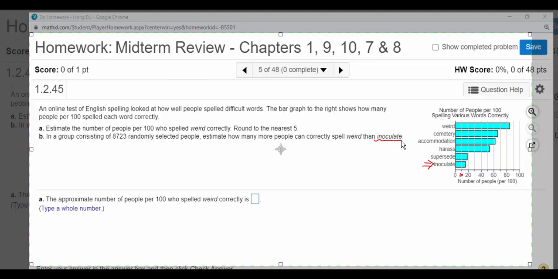So that means 15 per 100 people can spell inoculate correctly. If we use a percentage to denote this, then we can say 15% of people can spell inoculate correctly.